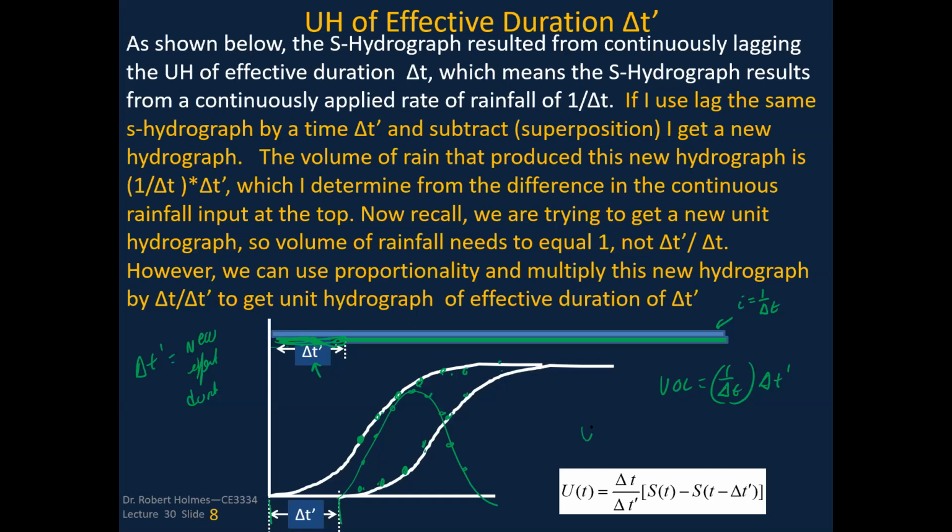What is the volume? It is equal to delta T prime over delta T, or I can multiply by the inverse, and that's what I do here. This equation shows it: if I've got one SI graph minus the other SI graph, that's what the bracket represents. And then I multiply it by the inverse of the volume, which now is delta T over delta T prime.